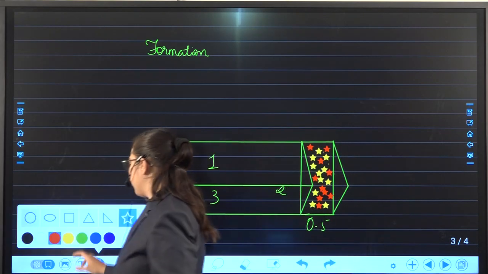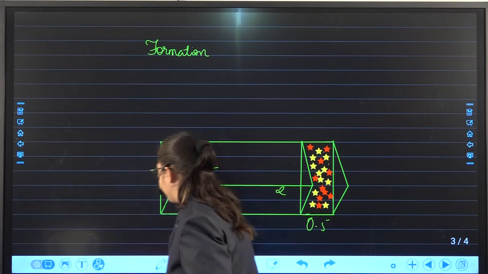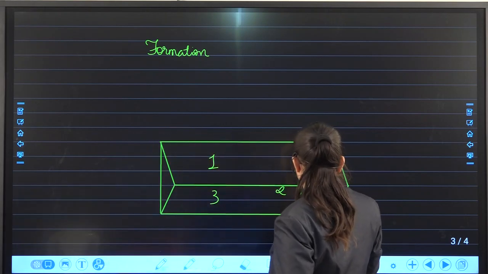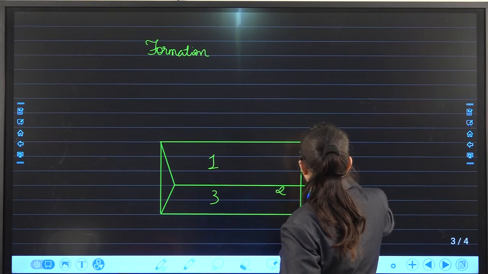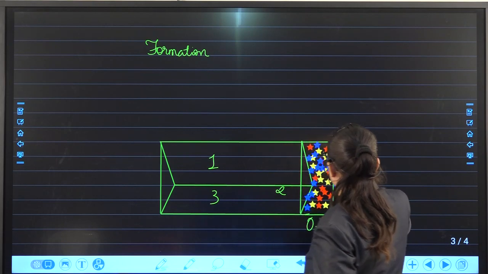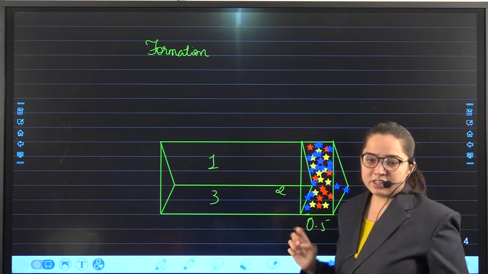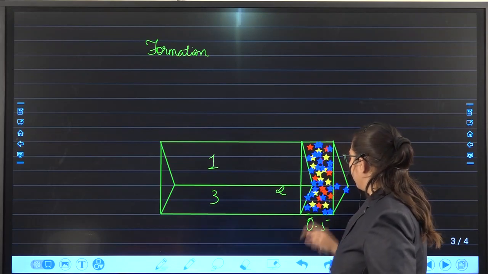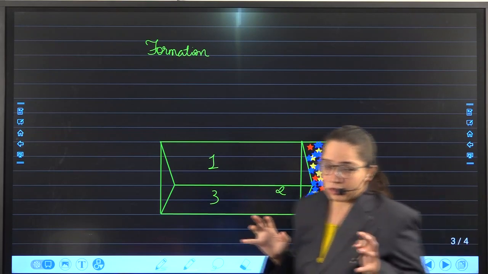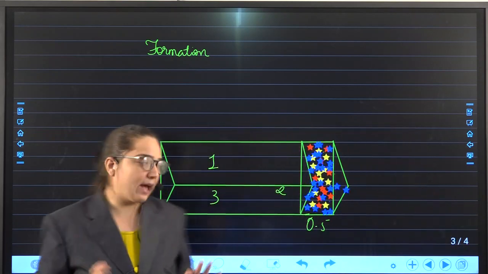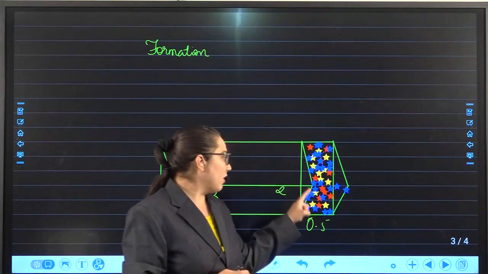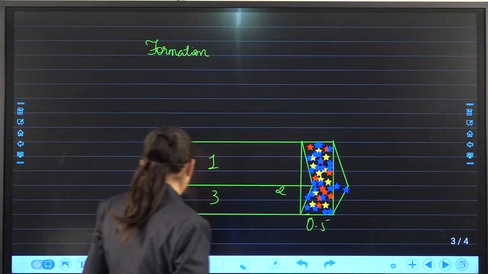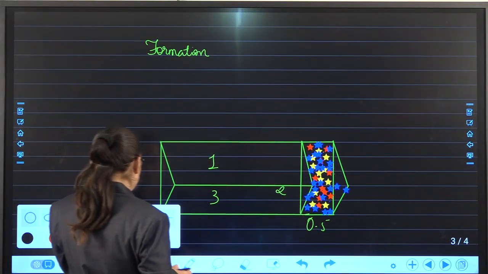Put the pieces of the broken bangles over here in this area, wherever it is 0.5 centimeter. What you have to do? You have to once again put one triangular prism over here. This is the first triangular prism.